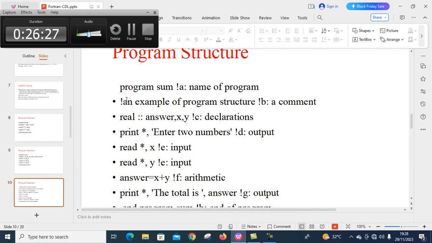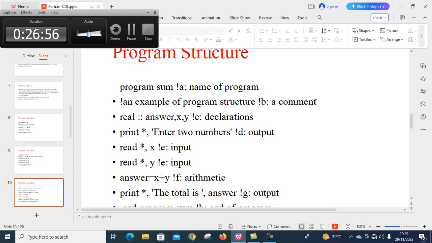In Fortran 77, C was used, but in modern Fortran we make use of the exclamation mark, and that is saying that wherever you see an exclamation mark in your Fortran program, the compiler ignores it.